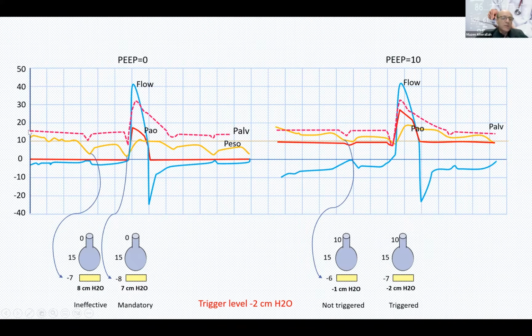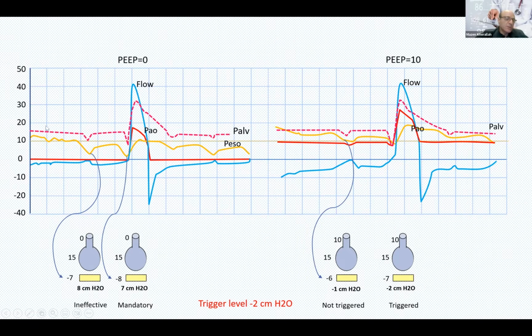Well, it looks like this is the alveolar pressure, right? And the alveolar pressure is at 15 centimeters of water. So you can see here alveolar pressure 15 centimeters of water, and the airway pressure, which is the red solid line, is at 0. So the machine measures the airway pressure.